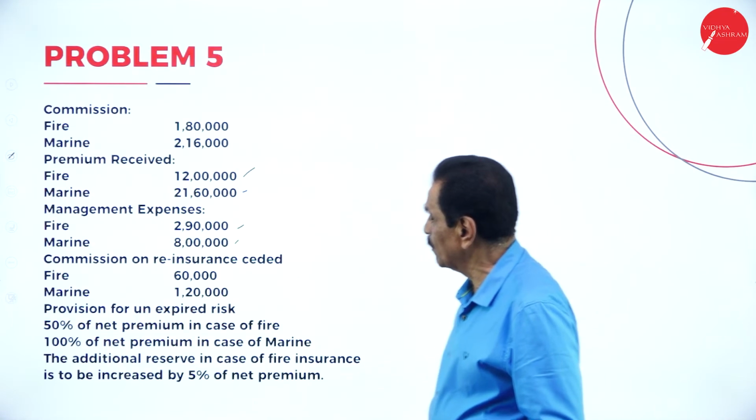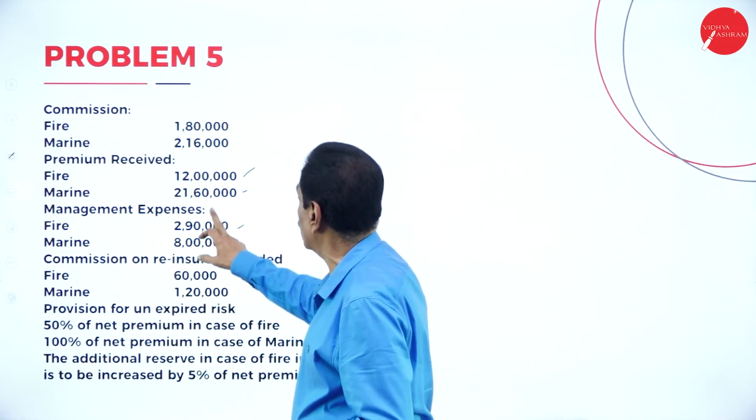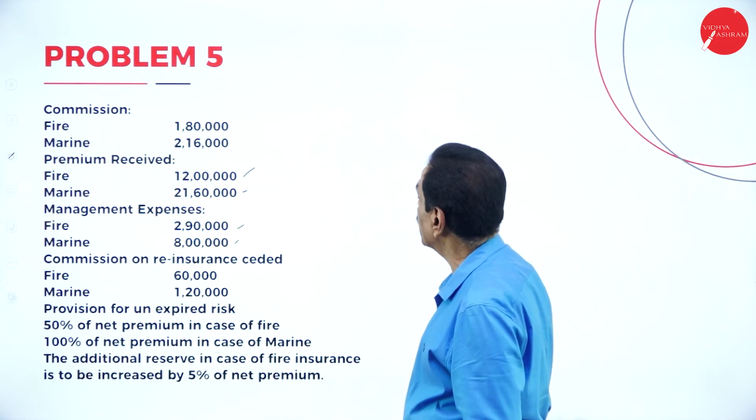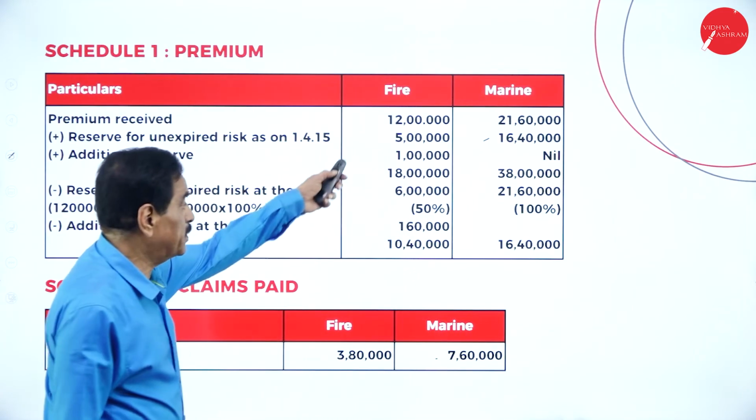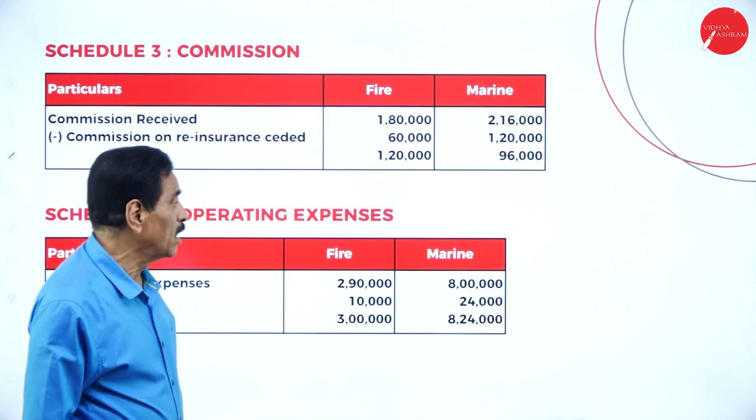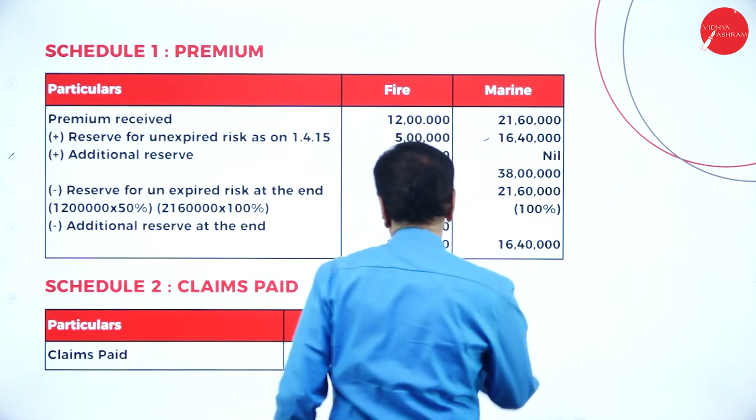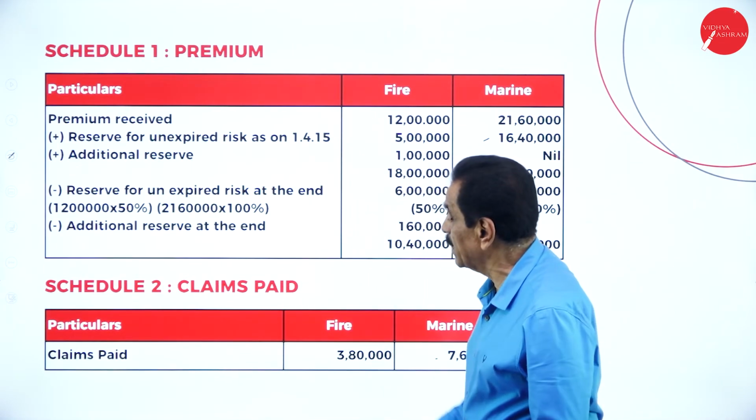This is what you already got. Additional reserve, how much did you already have? Already 1 lakh. Additional at the end, 5% of 12,00,000 is 60,000, so in total it becomes 1,60,000. This is the additional reserve at the end.